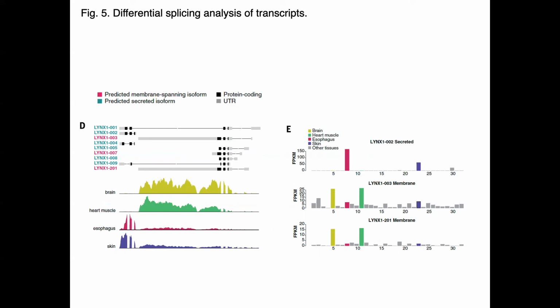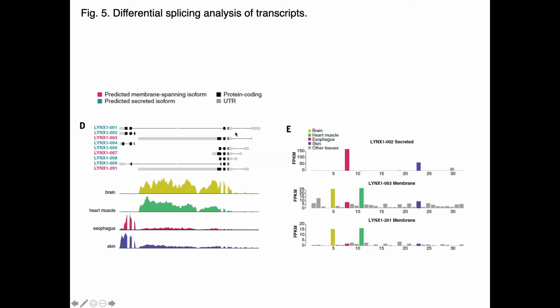As I just mentioned, many genes make different isoforms at mRNA level. Showing in figure 5D here, this gene named LYNX1 has 9 different isoforms. These isoforms have different composition of exons, right?